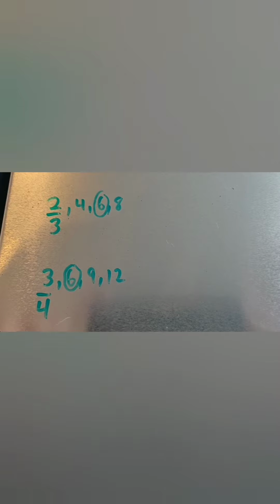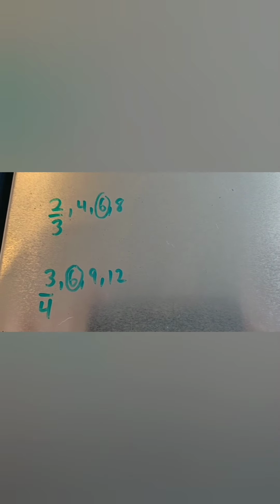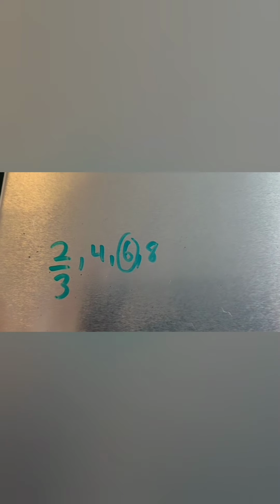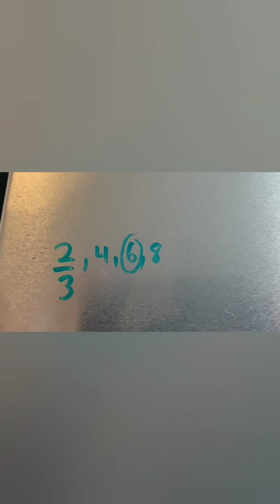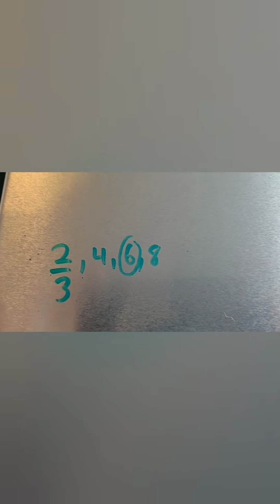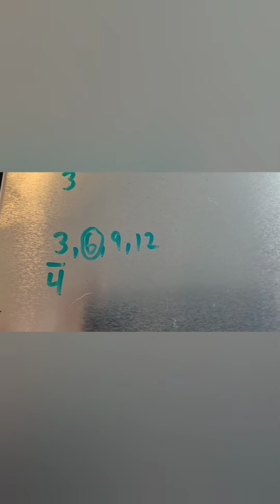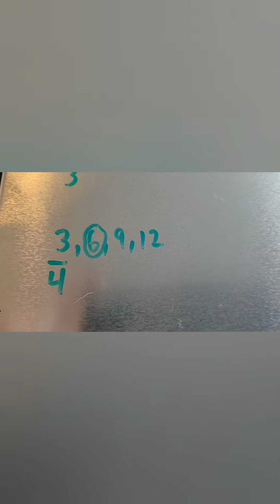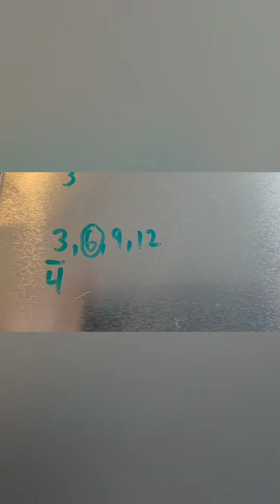And what that tells me is we're going to want to express 2/3 as an equivalent fraction with a numerator of 6, and we're going to want to express 3/4 as an equivalent fraction with a numerator of 6.